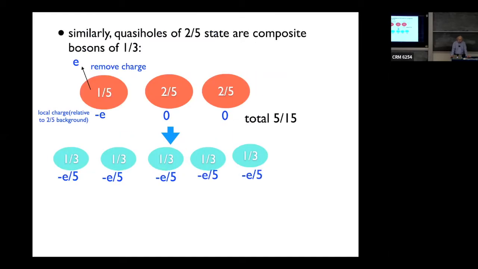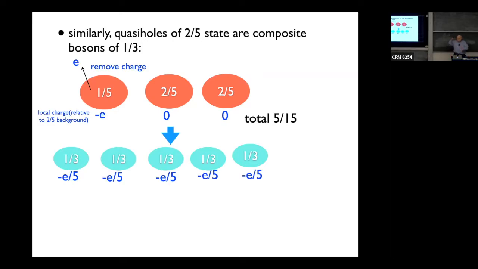If I started in the 2/5 state and remove a charge, then I've made a quasi-hole of the 2/5 state. I've made a defect composite boson with only one particle rather than two in it, but that can recombine with two other 2/5 things to form five 1/3.